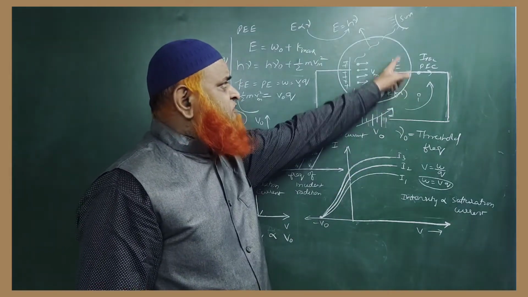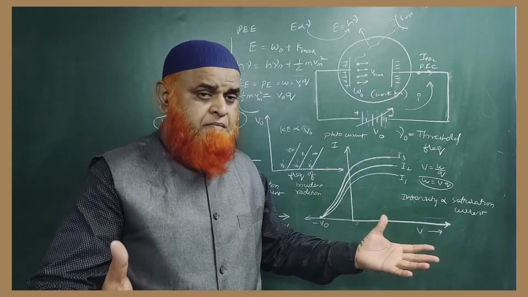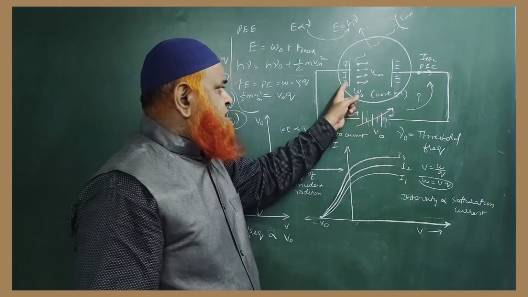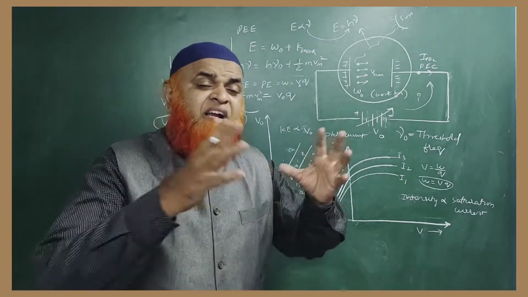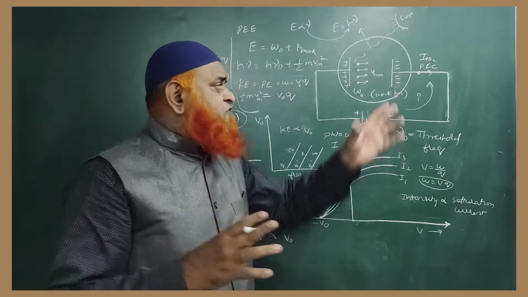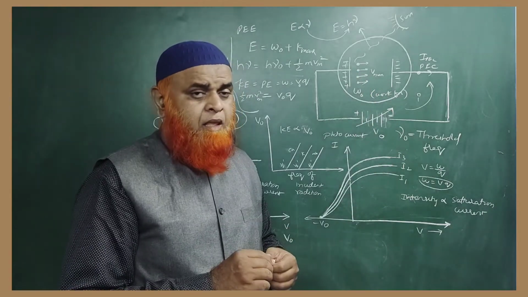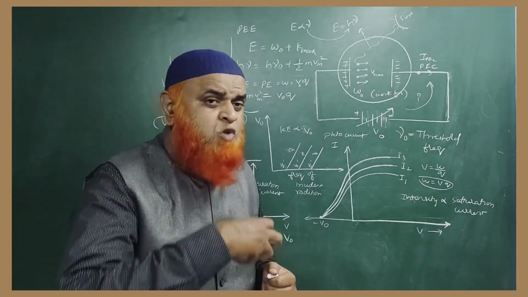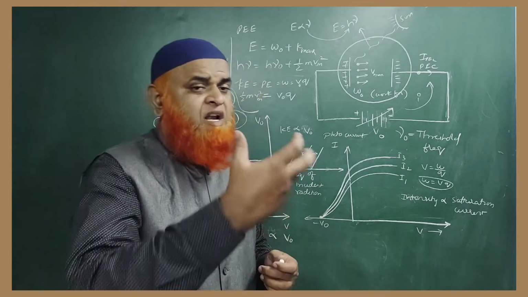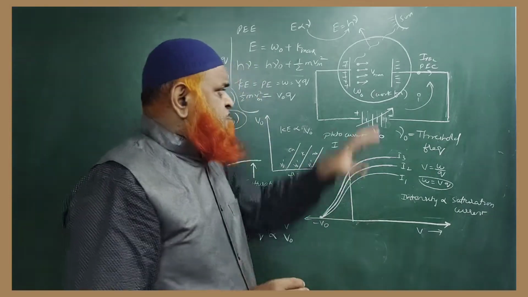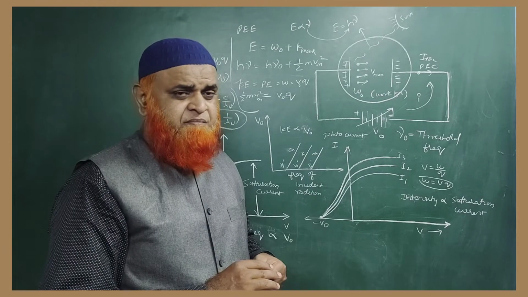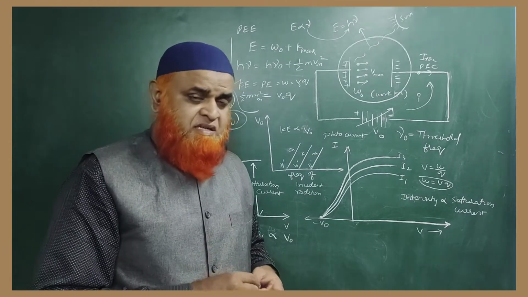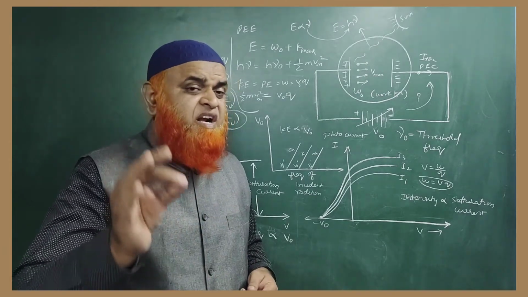When the intensity of light coming from the sun is high, then when high intensity photons fall on the metal plate, the population of electrons coming out of the metal plate is very high. When the population increases, current also increases, because current is nothing but the rate of flow of charge.